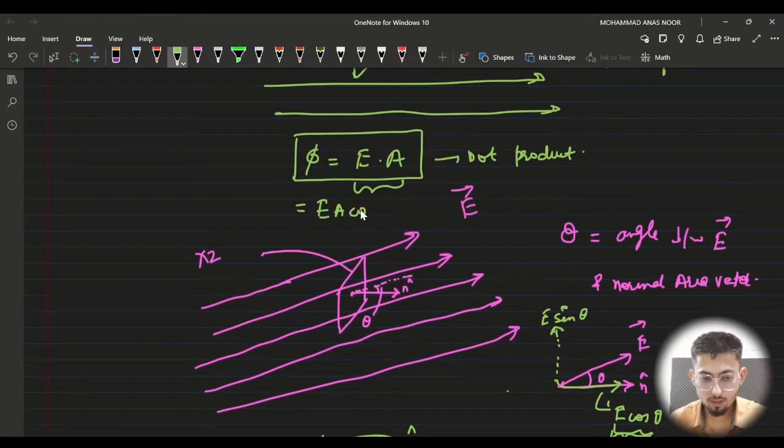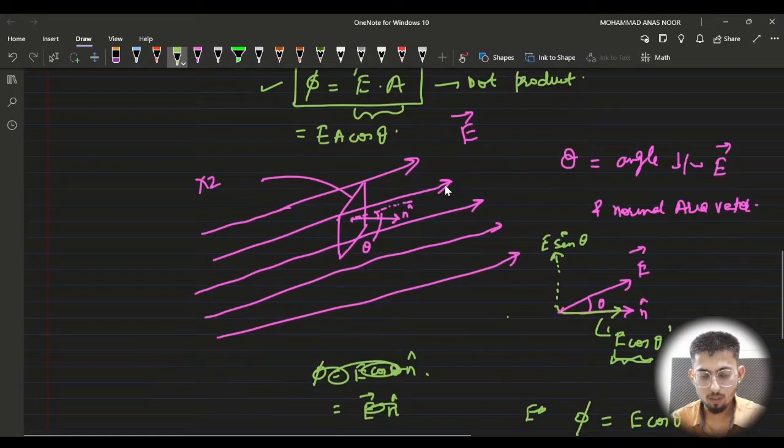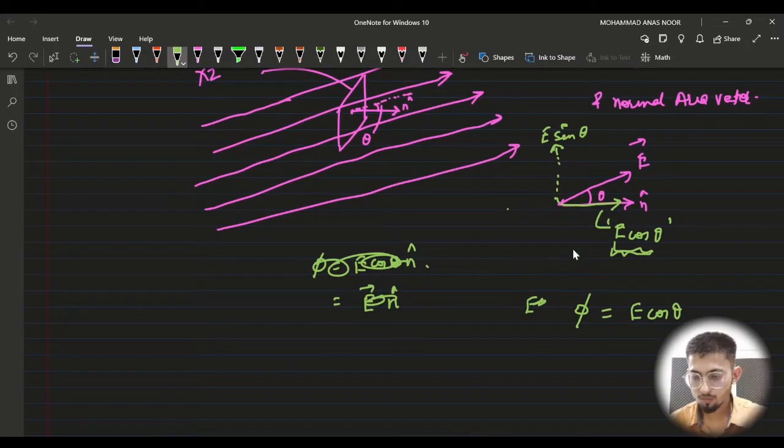This is the direct formula that I wrote for you, but we are proving how this is E dot A. When we calculate phi, we take this component of the electric field in the direction of the n vector, times the area A.